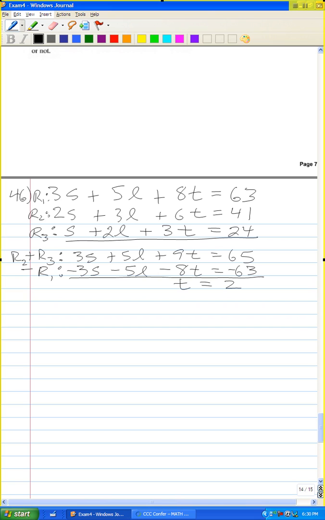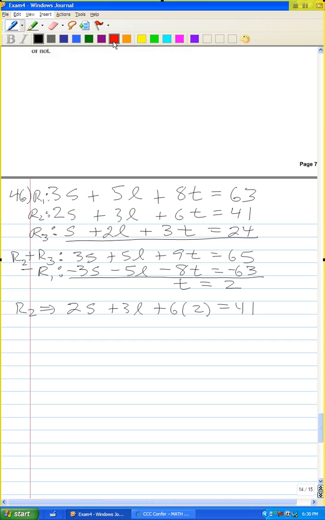Next, I guess I can simplify some of these. So why don't I plug that into, let's say, R2, and then R3 probably. If I plug that into R2, I get 2S plus 3L plus 6T equals 41.